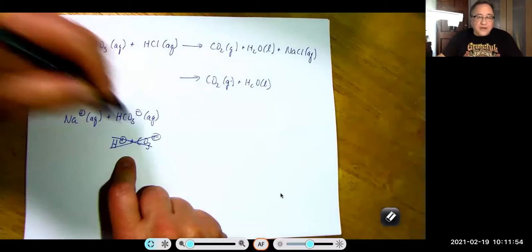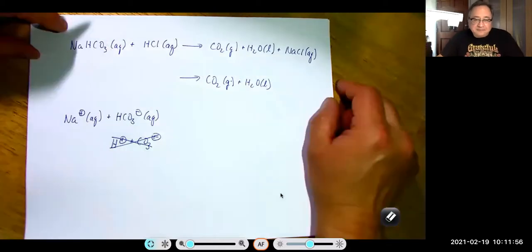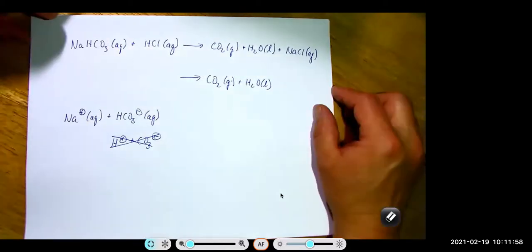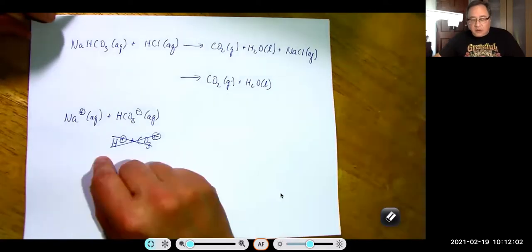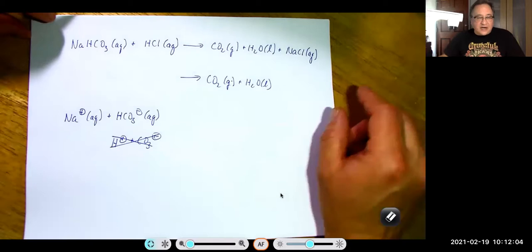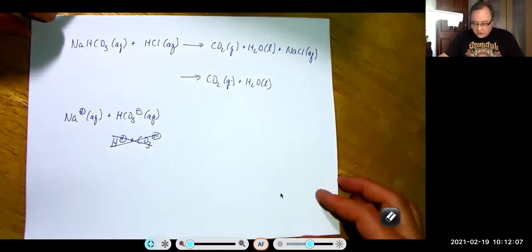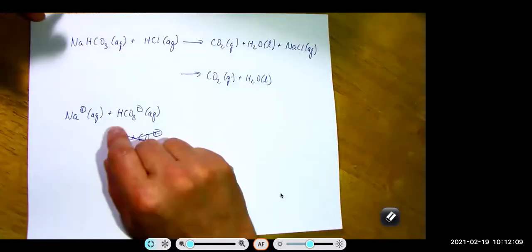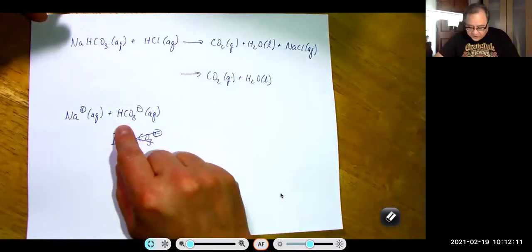And when it's a weak acid, you keep it together. Right, because it doesn't fully ionize. In fact, it mostly doesn't ionize. It's like 100,000 to 1. So you really want to write the form that is most prevalent. So that's the form that this takes.